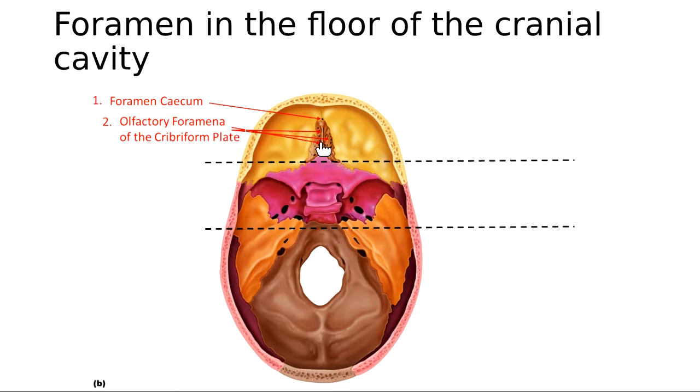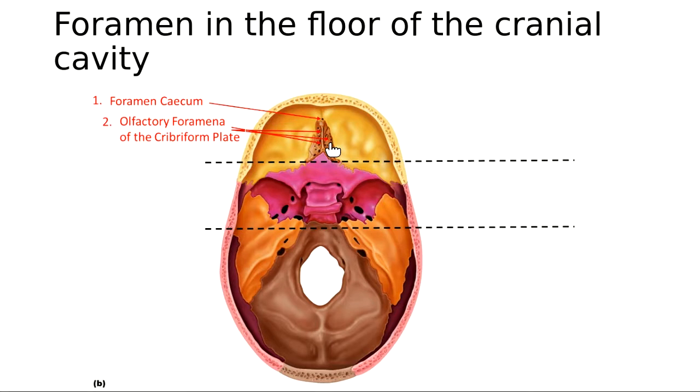And this part of the ethmoid bone is called the cribriform plate. So this bony plate here has a whole lot of foramen holes in it that are called the olfactory foramina. These are what your olfactory nerve sits on top of for your sense of smell. The little fibers go down through these olfactory foramina into your nasal cavity, and that's your sense of smell.